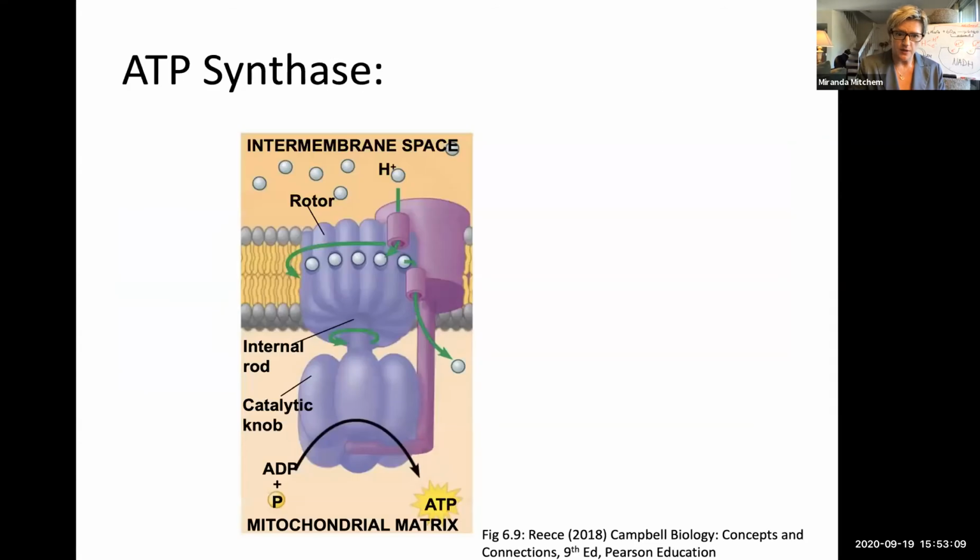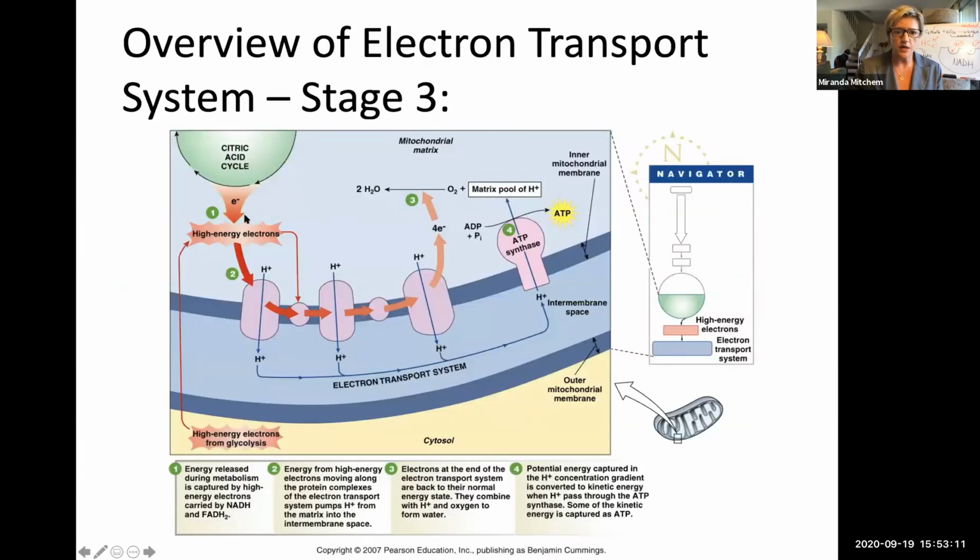Now, let me back up a little bit. There are certain conditions where the citric acid cycle is going to pump the electrons in later into the system. And in fact, if we're using FAD as the electron carrier, it doesn't even work until we're already moving through the electron transport chain. So these are some of the reasons why the amount of ATP can be less and why the number of carriers can be less or variable, because it depends if we're talking about starting at the very beginning of the chain or dumping in somewhere else.